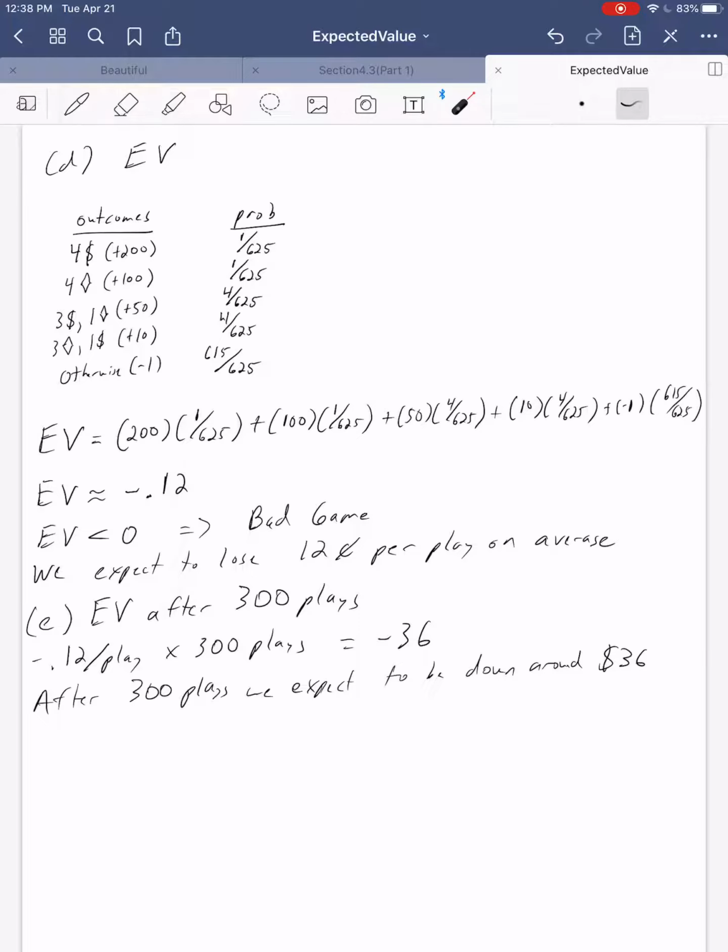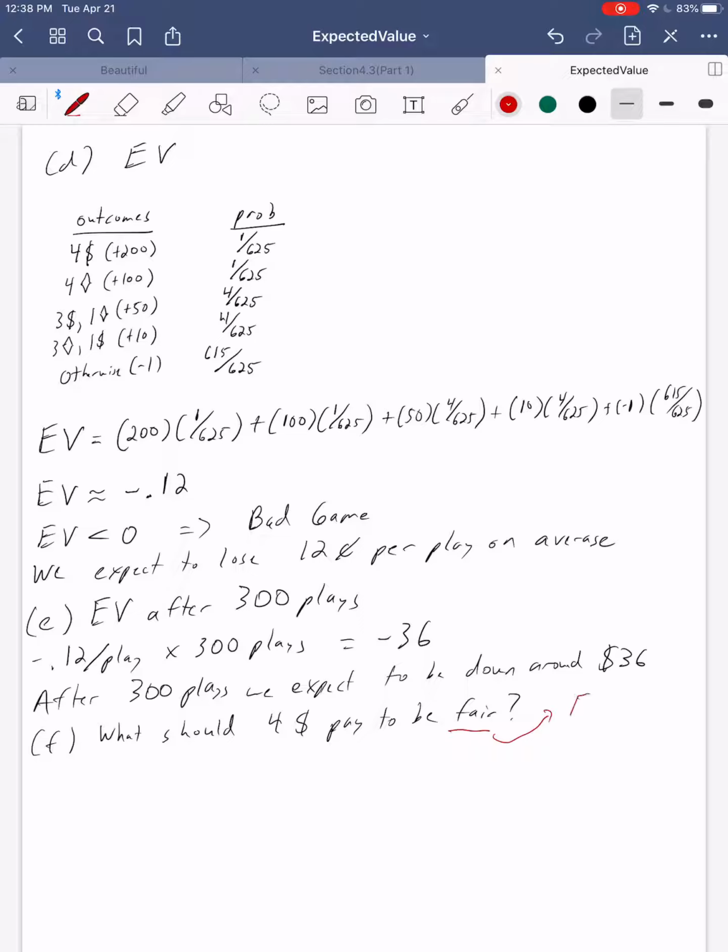All right, last little thing to do here is we wanted to know what would make this game fair. We know from this analysis that the game is bad to play. So how would we make it fair? Let's talk about what the $4 should pay to be fair. Let's remember what fair means.